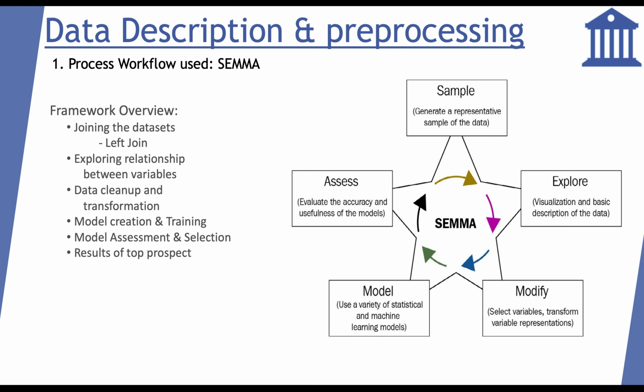From the cleaned up data, we worked on creating the models, and we checked each and every model for its accuracy. The model that provided the best accuracy on the test set, we used to generate the results of the top 100 prospective customers list.